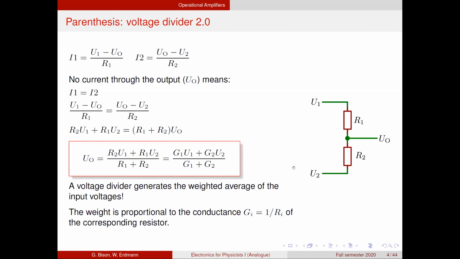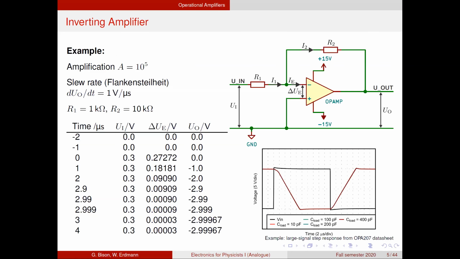Okay. Now, let's have a look at one particular situation where we use an operational amplifier. It's the inverting amplifier situation. So we have an input voltage here that goes through a resistor into the inverting input of our op-amp. And then from the output, we have a feedback also into the inverting input of the op-amp through a second resistor.